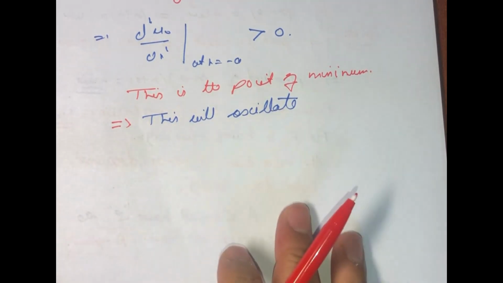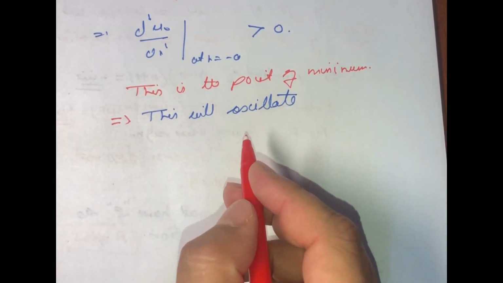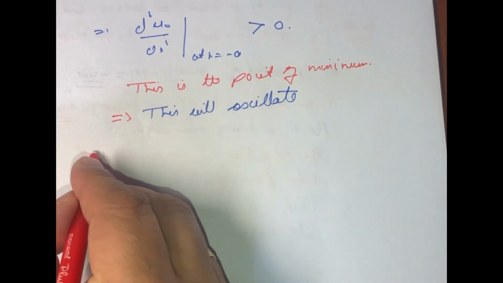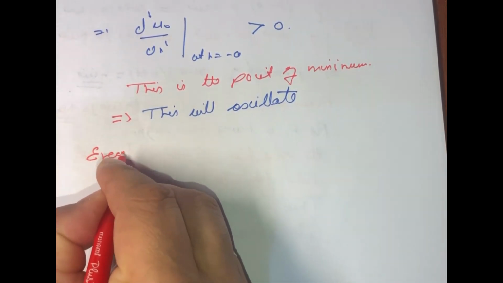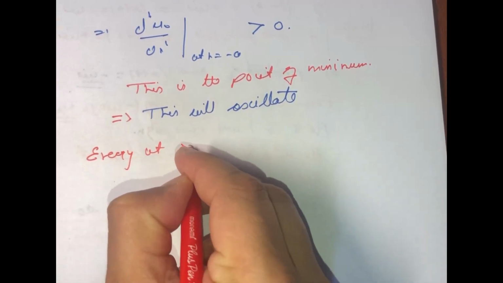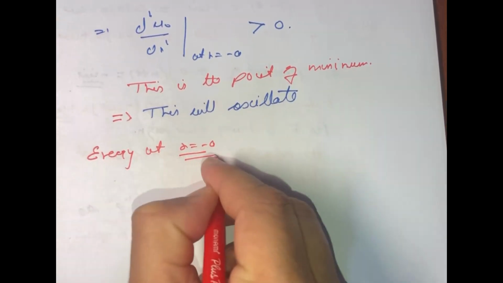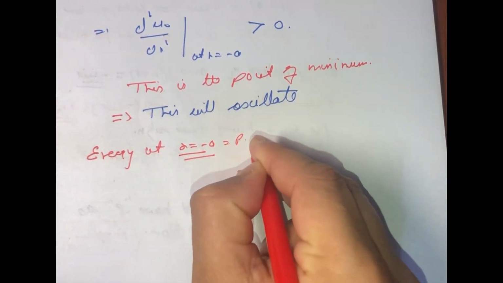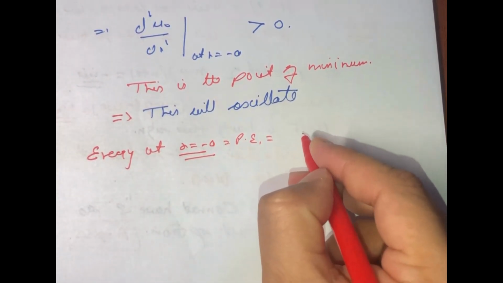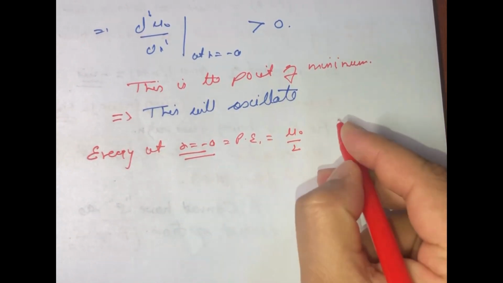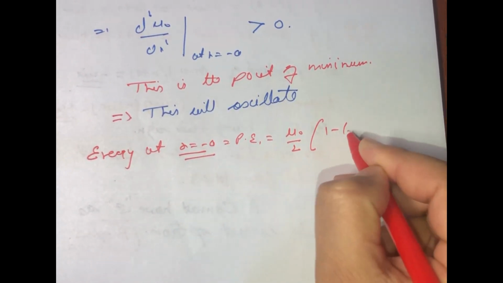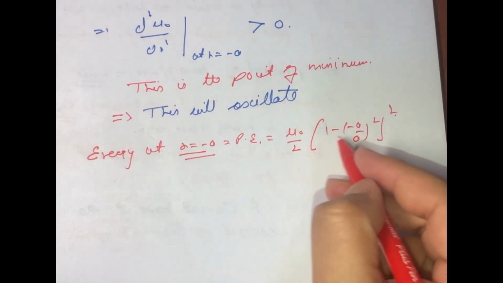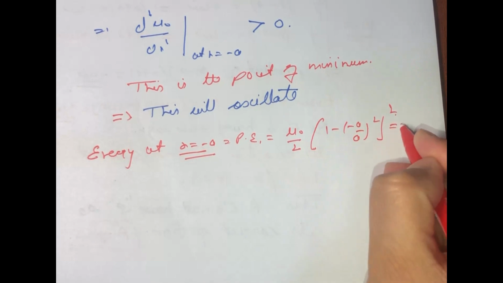So we can say our energy at x equal to minus of a, which we call PE1, will be equal to U naught divided by 2, and we get minus of minus a upon a, whole square, and this will be coming as 0.